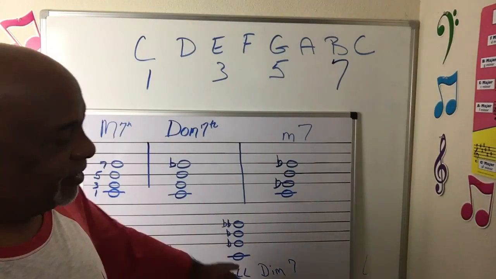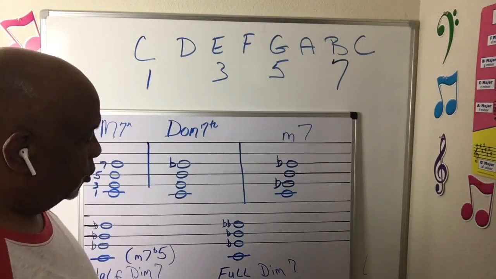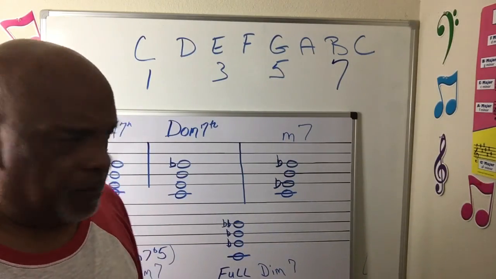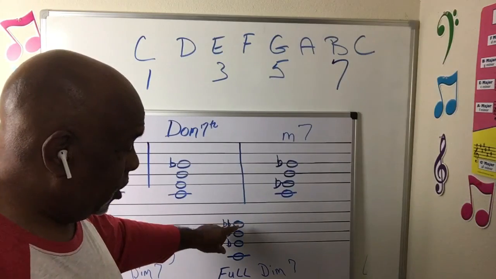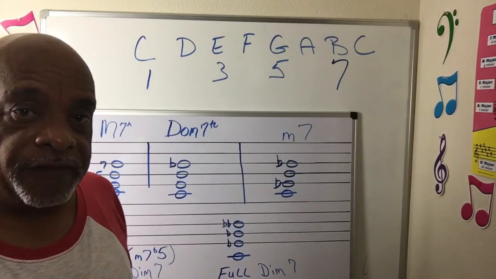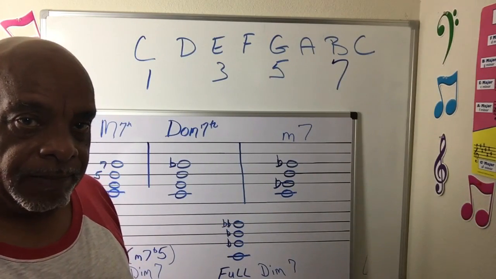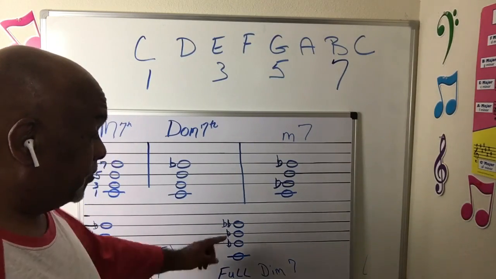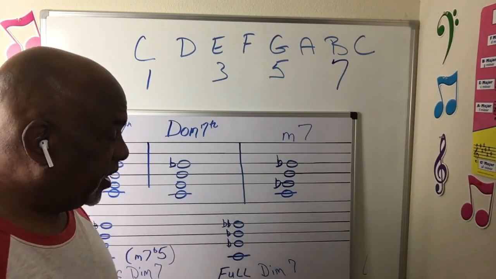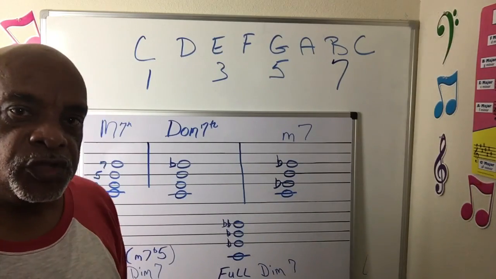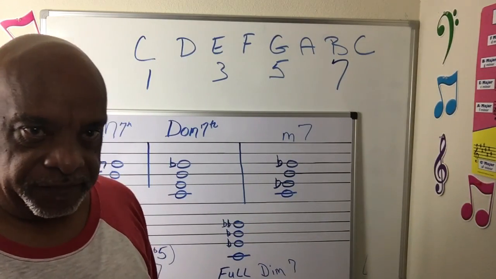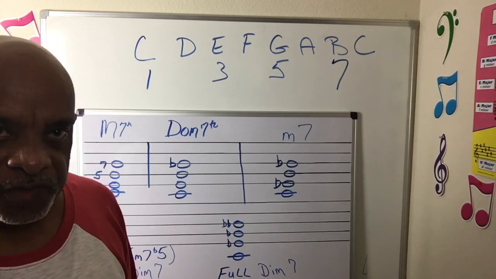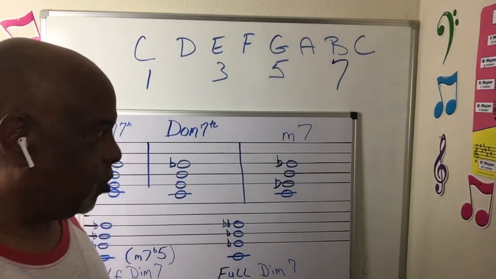One more time, for a full diminished, you lower the 3rd a half step, the 5th a half step, but the 7th you lower 2 half steps. A double flat, you lower it 2 half steps. Now that's your 7th chords.